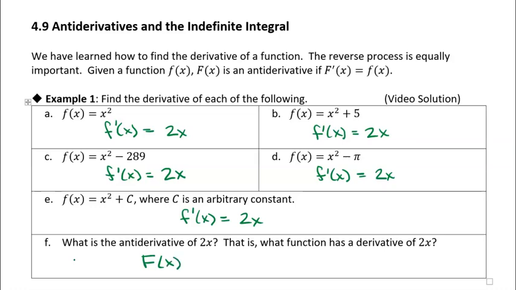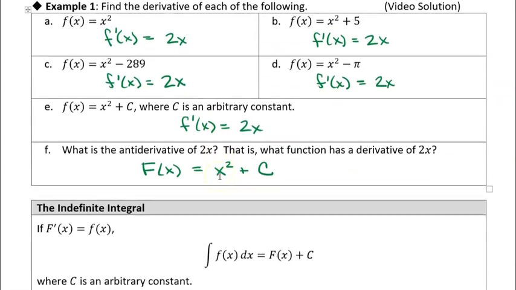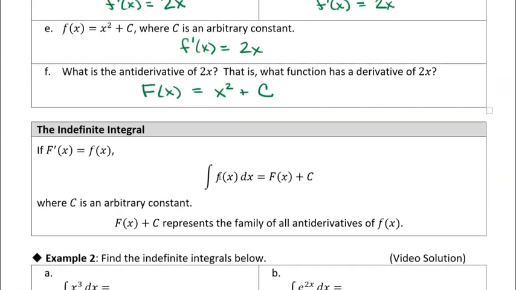The antiderivative of 2x has to be x squared plus some constant c. Any constant would be fine, and we'd still get a derivative of 2x. Because the derivative of x squared plus c is 2x, the antiderivative of 2x has to be x squared plus c. This brings us to the idea of an indefinite integral.